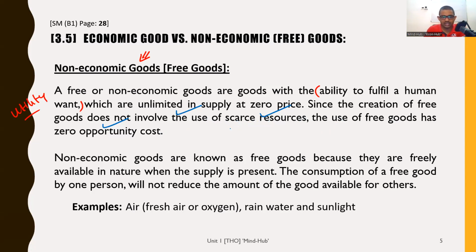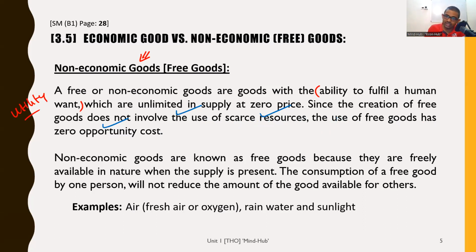Use of free goods has zero opportunity cost when we use them, because they are not produced now.